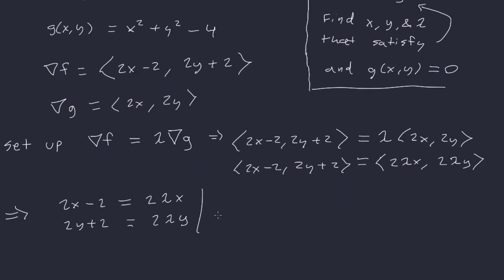All right, now what I'm going to do is divide everything by 2. No reason to have all those 2's laying around. So this gives us that x minus 1 is equal to lambda x, and y plus 1 is equal to lambda y. Okay, so where do we go from here?